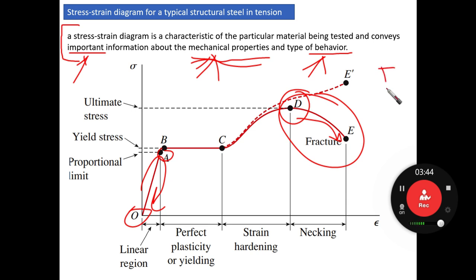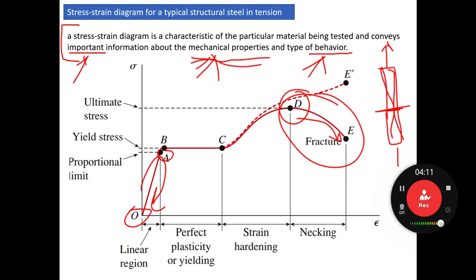If we have a bar under tensile stress, something like this, we're going to find that the bar has some necking here at the middle. Necking means contraction of the area: the cross-sectional area is decreasing as the stress decreases as well.